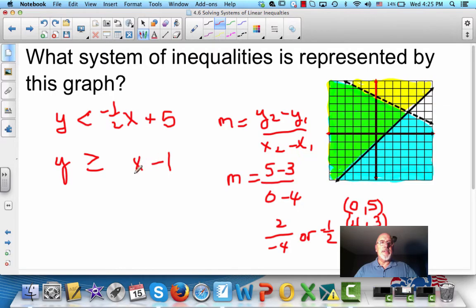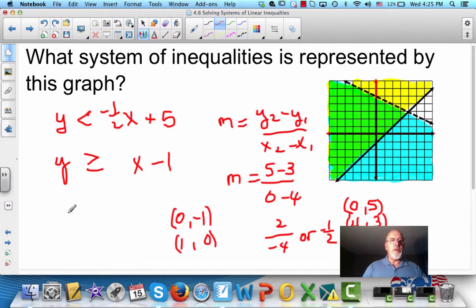Put our x, and now we've got to find the slope. So one point is going to be right here, (0, -1), and this point is (1, 0).